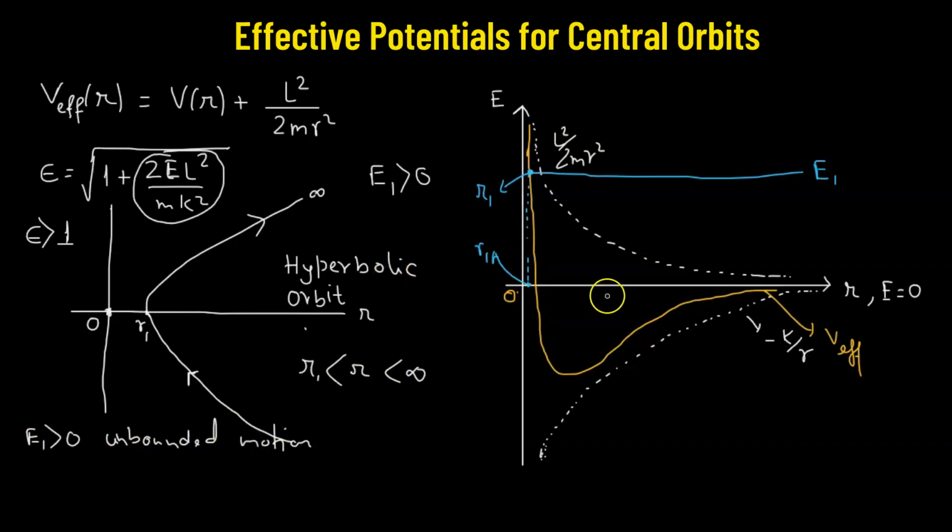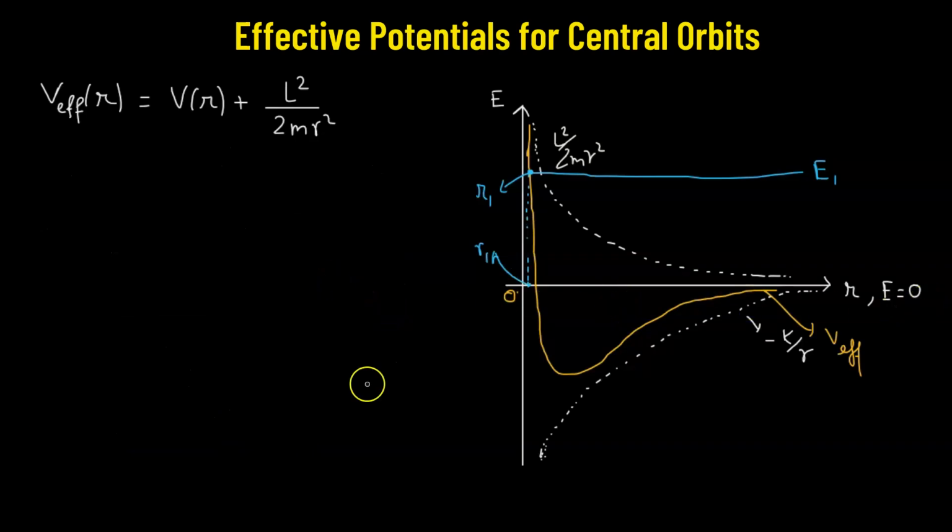Now we come to the second set of energy, when E equals 0. For the energy value E equals 0, the trajectory of the particle is going to be quite similar, because the particle is going to come from infinity and hit the centrifugal wall at, let's say, the position R2, and this R2 is the distance of closest approach.